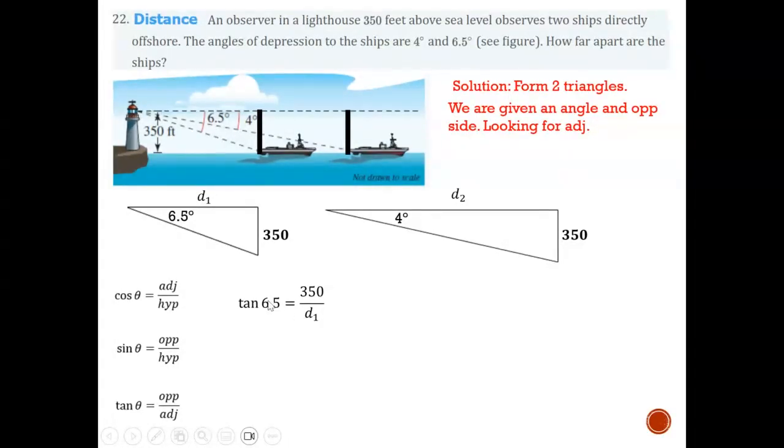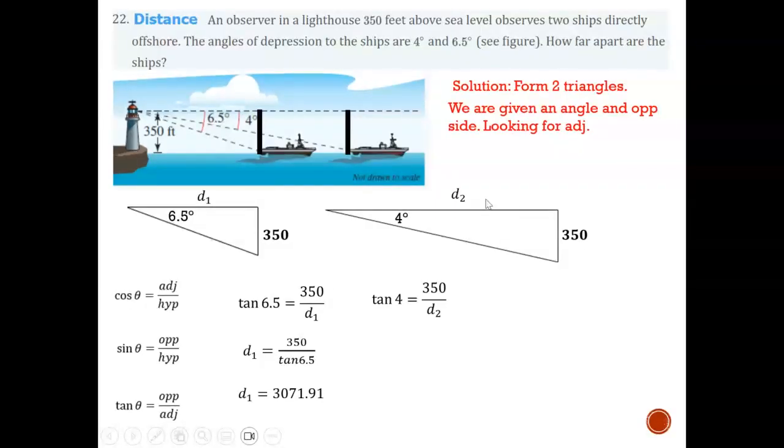We use a proportion. So D1 equals 350 over tangent of 6.5. So the distance 1 is equal to about 3,071.91 feet.